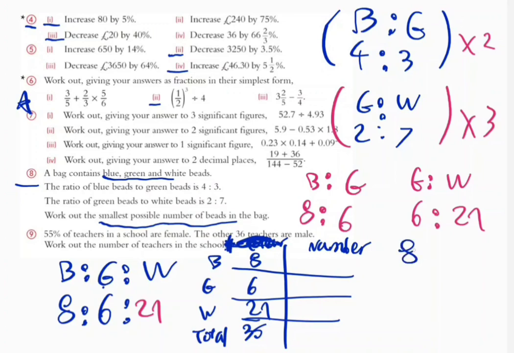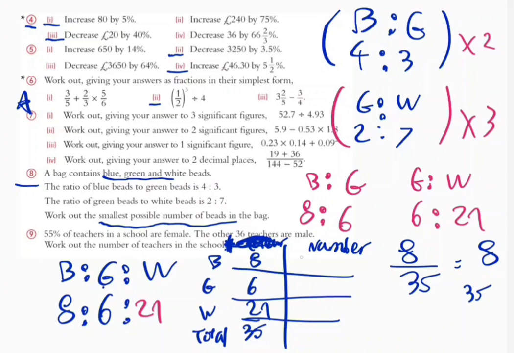For example, when we say 8 over 35, the smallest possible combination can be that this just means we have 8 beads out of 35 possible beads.